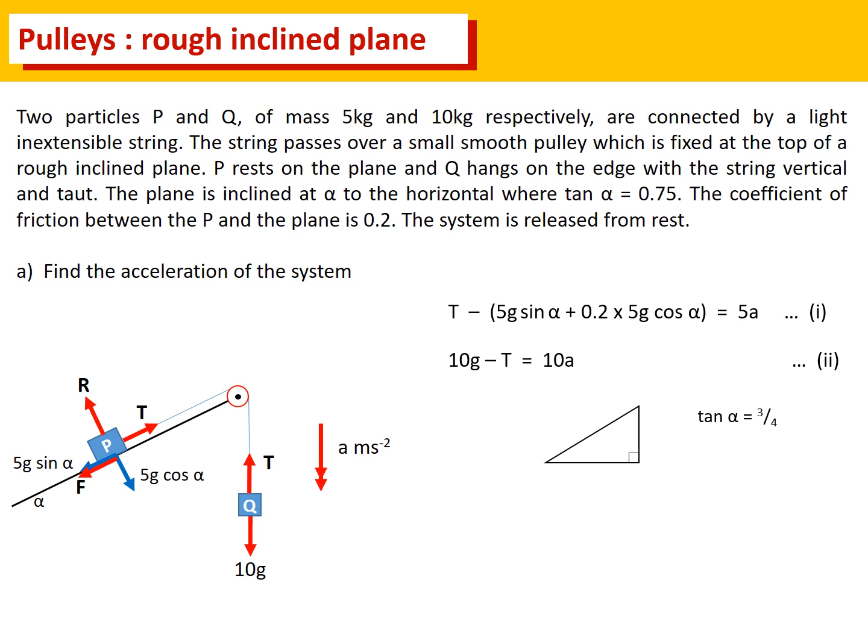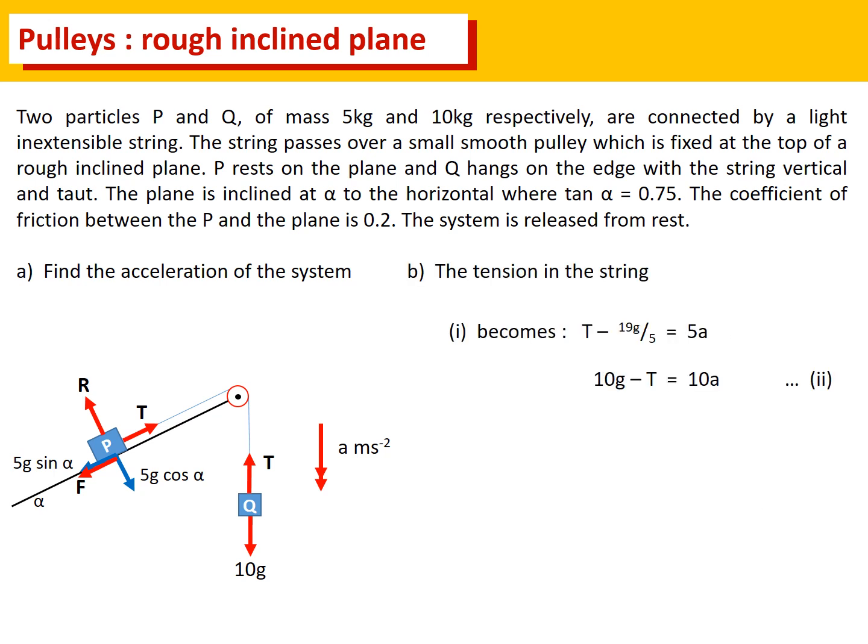Now we can find alpha because we're told in the question that tan alpha is 0.75. So that's the 3, 4, 5 diagram, and therefore cos alpha is 4/5 and sin alpha is 3/5. And we can put those values now into equation 1.